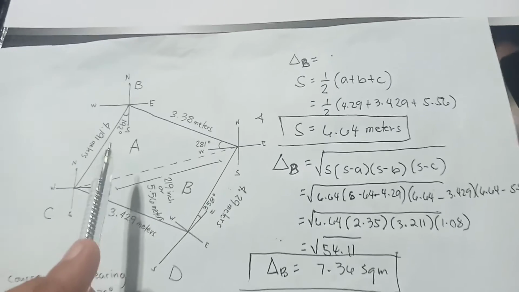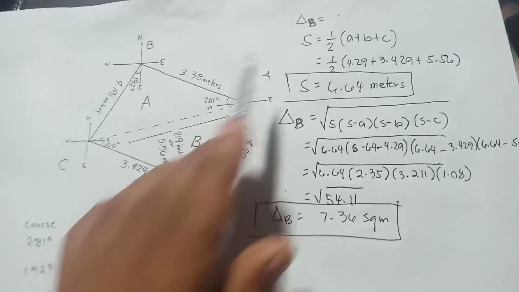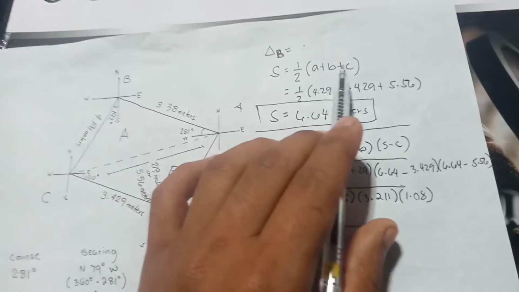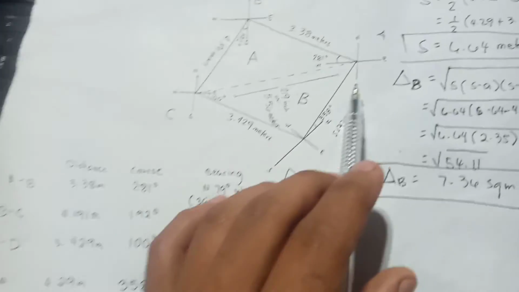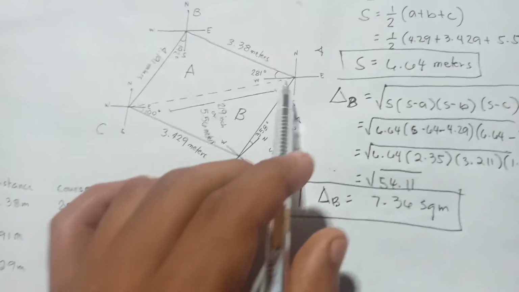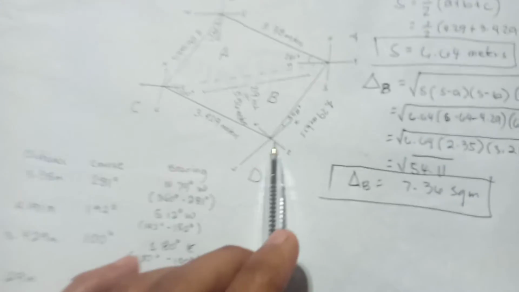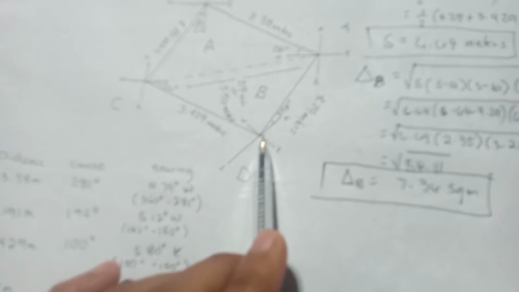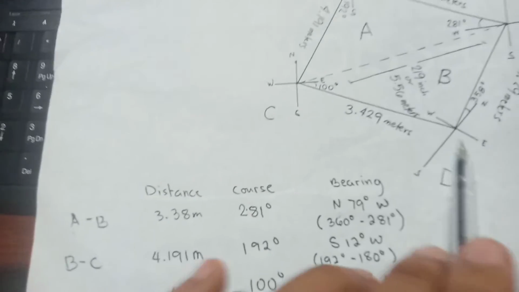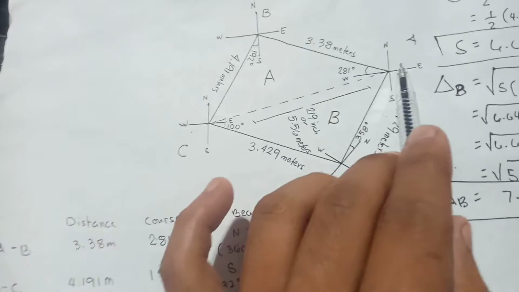The formula is we first need to find S. The formula for S is 1/2 of A plus B plus C. Our A is 4.29 meters, or the point A to D. Our B here is 3.429, which is C to D, and the diagonal line will represent our letter C right here.